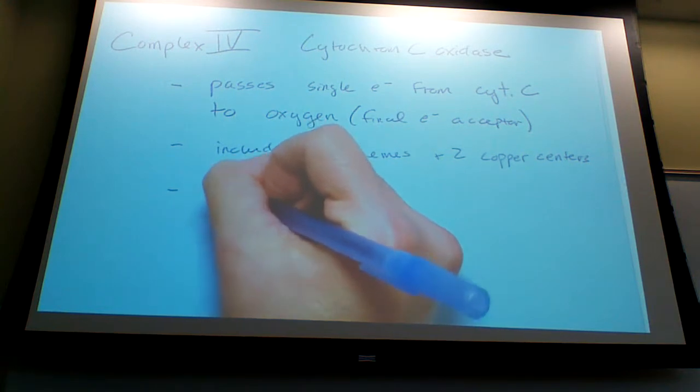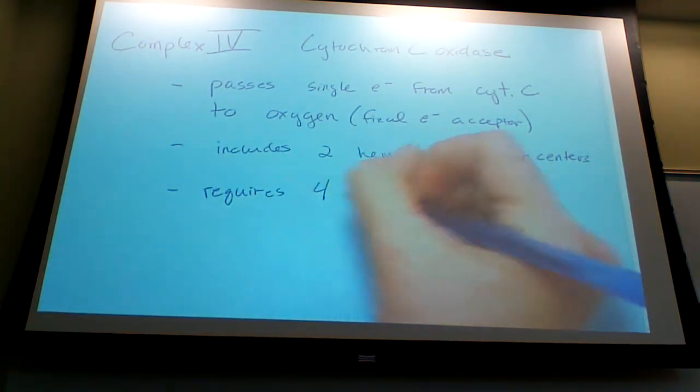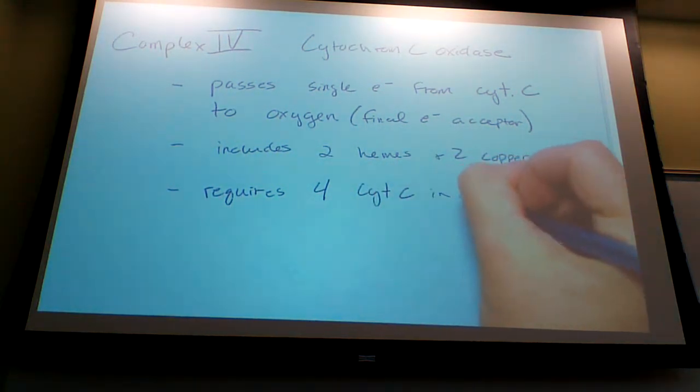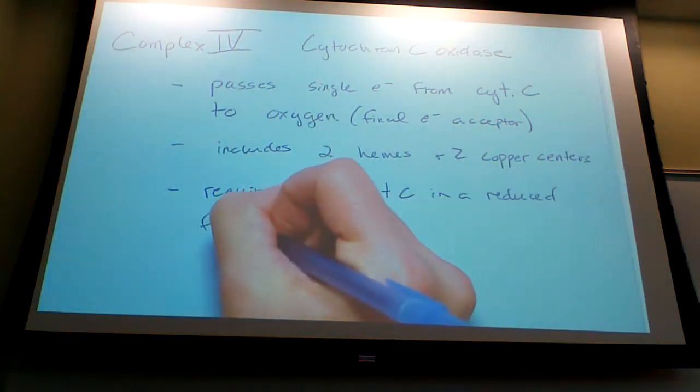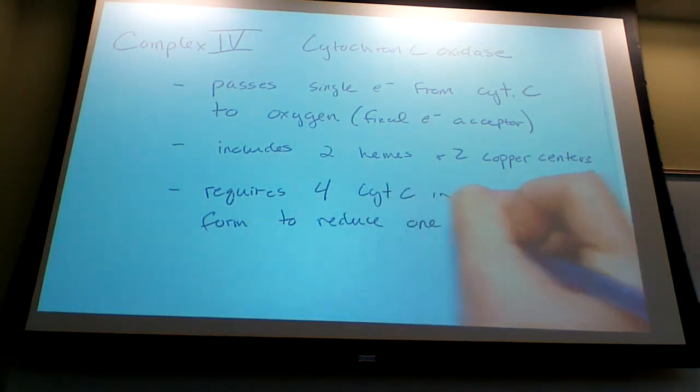It requires 4 cytochrome Cs in a reduced form to reduce 1 oxygen molecule.